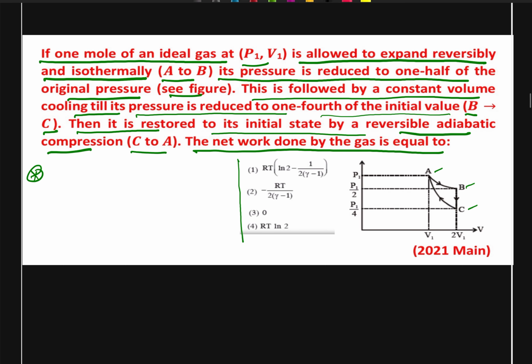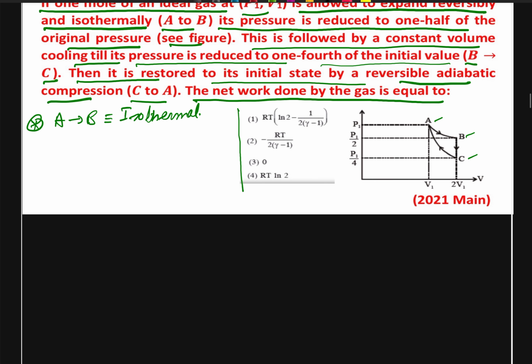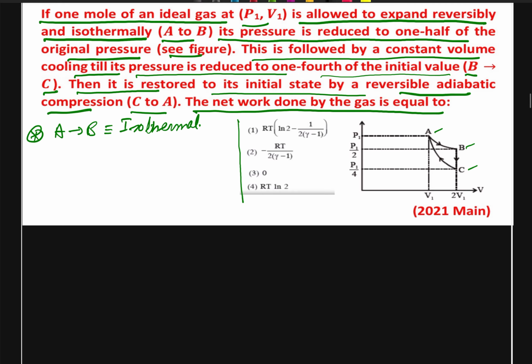We are given that A to B is isothermal, and that at A we have a pressure of P1 and at B we have a pressure of P1 by 2.